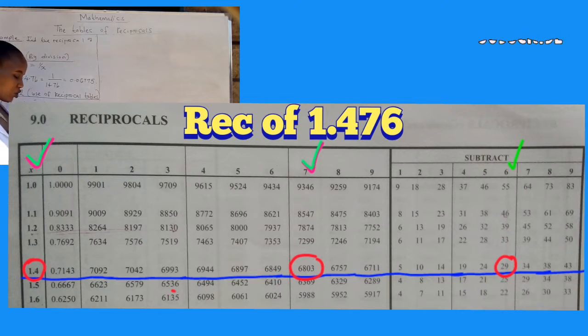And the third step, the intersection between row 1.4 and column 7 gives us the value, just as it is highlighted over there on the video, 0.6803. So remember, at this point we are at the reciprocal of number 1.47.